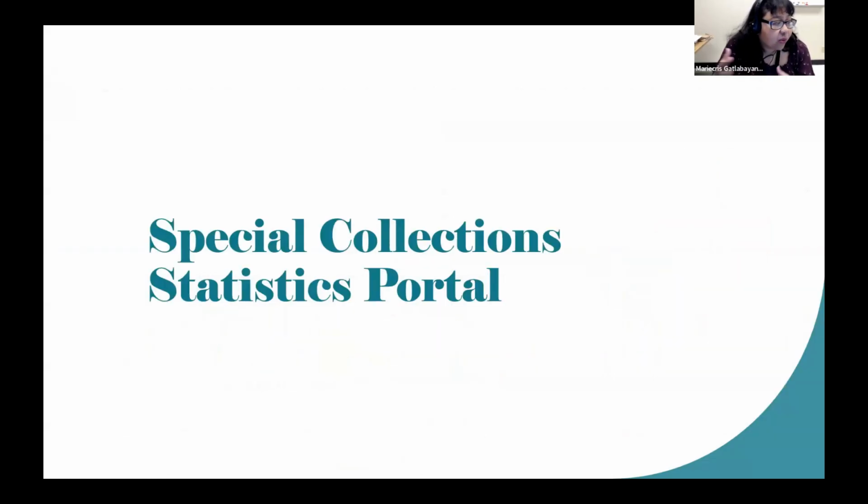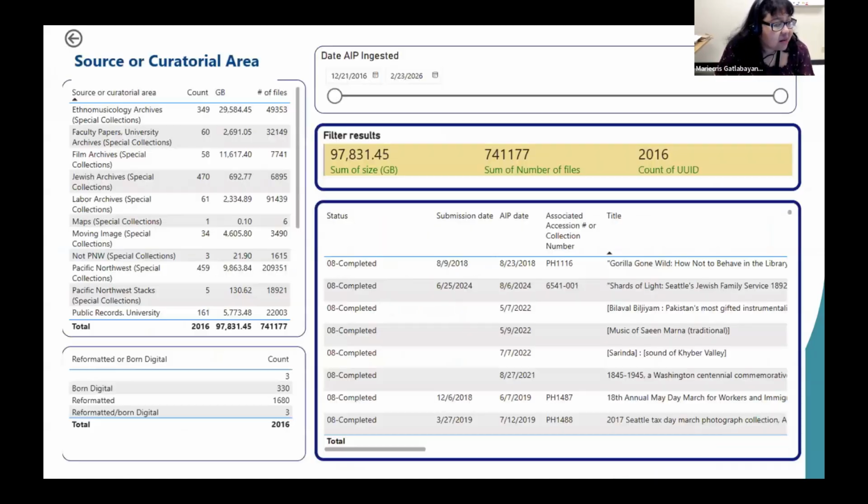I'm also working on a special collections statistic portal so that special collections also gets access to their statistics, so they can understand how many packages they have, how many gigabytes they have, how many files. This isn't something that's easily documented in ArchivesSpace.